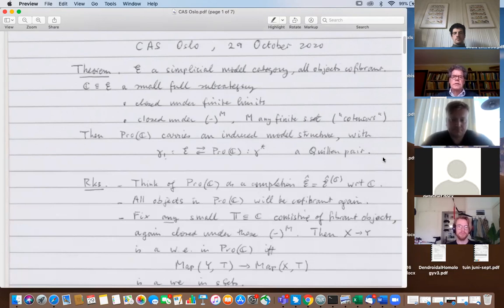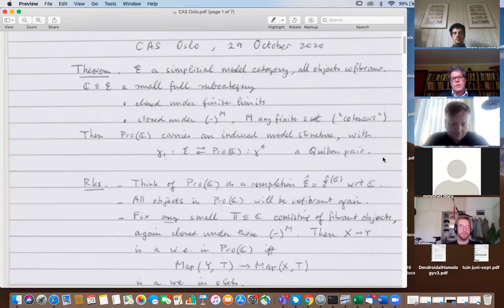And then you test the weak equivalences by mapping into these test objects. So let's stare at this a little longer. X and Y here are maps in Pro C, so pro objects, formal inverse limits of objects of C, and you can form this object map(X,T) by using the fact that the cotensors of T are again in T. So this naturally has a simplicial structure. It will become a little bit more clear on the next page, I hope.